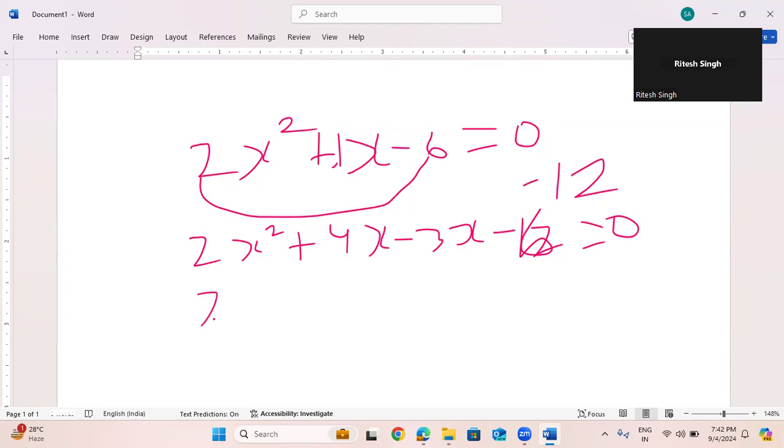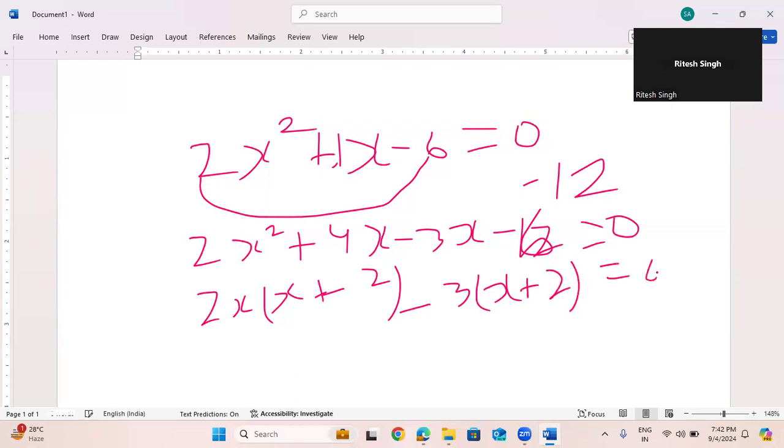Here again we will take 2x as common. Here we will get x plus 2. And again here what will we take? Minus 3 we will take common. Here it again will be minus 3 into x plus 2 is equal to 0. Now what will we get? x plus 2 is in both places, right? And here 2x minus 3 is also there.